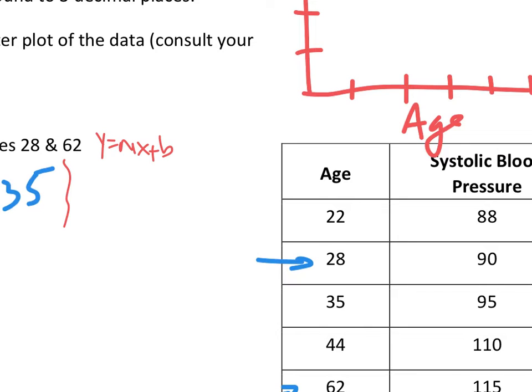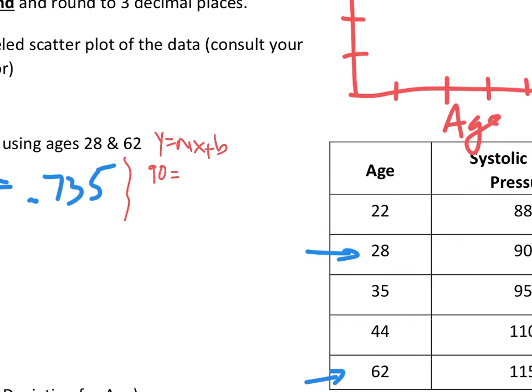So we're going to plug in one of these points. Let's plug in the point 28 and 90. So 90 is the y, and our slope we just found was 0.735. And the x is 28. And we need to find the b. So we can do some algebra, multiply this, and then subtract it from both sides.